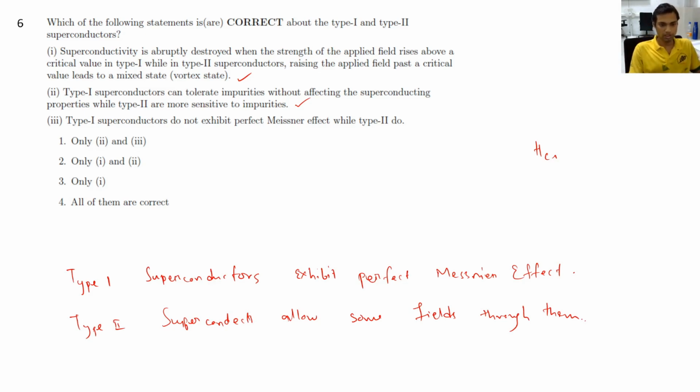So it is actually type 1 superconductors that exhibit the perfect Meissner effect, while type 2 do not exhibit the perfect one. So only statements 1 and 2 are correct. Statement 3 is false.